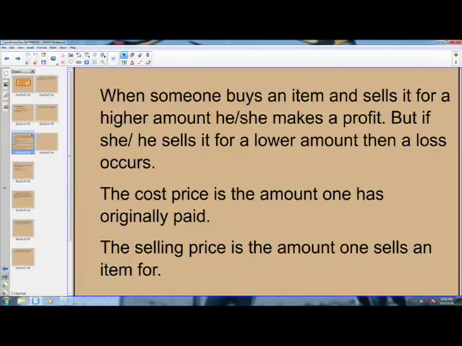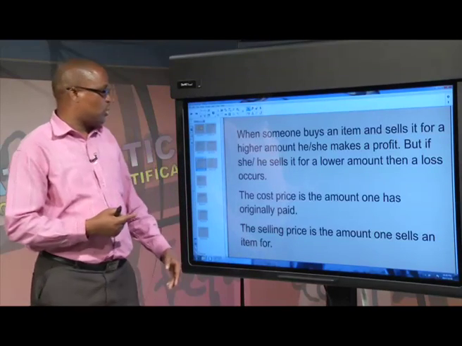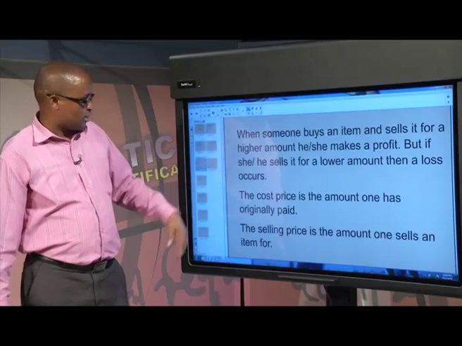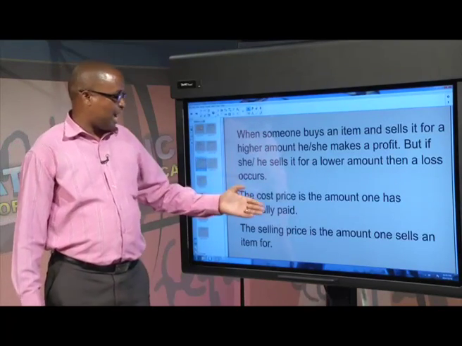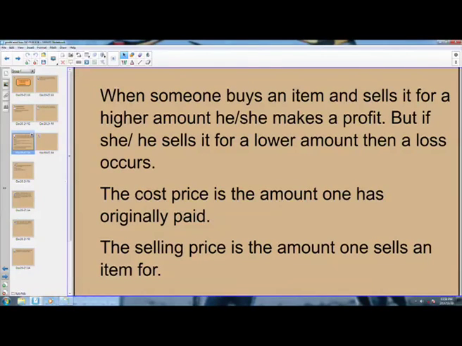But if she or he decides to sell it for a lower amount, then a loss occurs. If you buy an item and then after buying it, you sell it at a lower price as compared to what you bought that item for, then it means you are going to incur a loss.